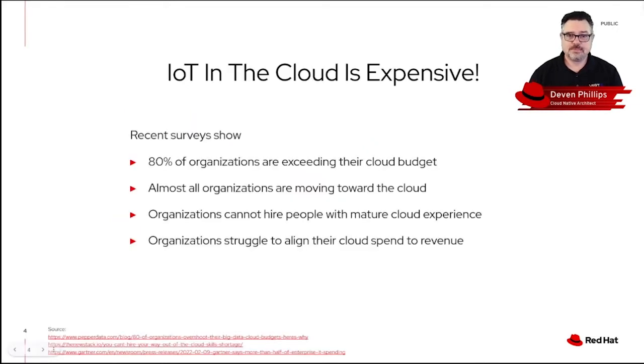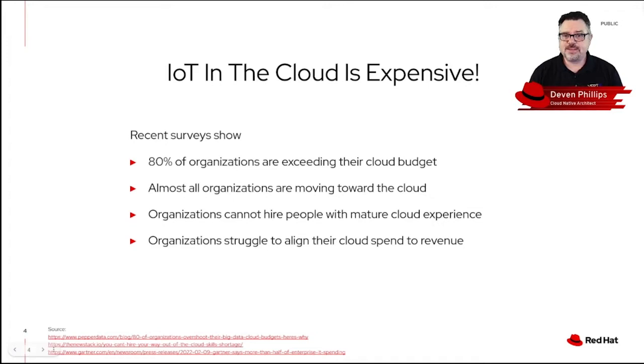Because when you get down to it, IoT in the cloud is expensive. In many of the articles that I've read, they've done surveys with CTOs and CIOs, and they estimate that 80 to 90% of organizations are regularly exceeding their cloud spending budgets. At the same time, more and more organizations are moving to the cloud, which means that hiring mature and experienced people to enable those moves gets harder every day.